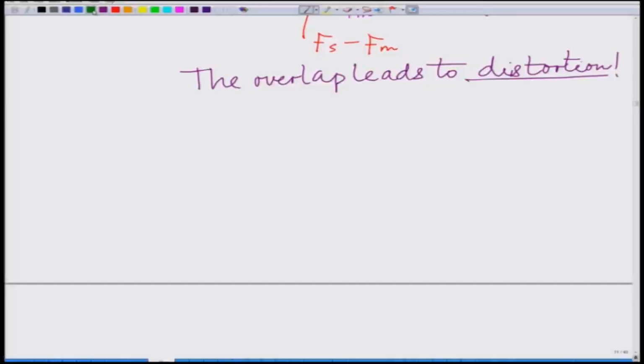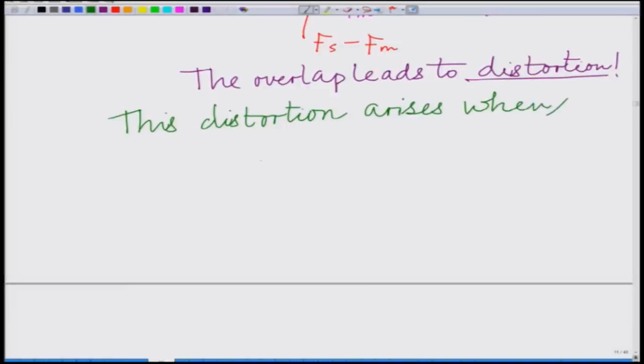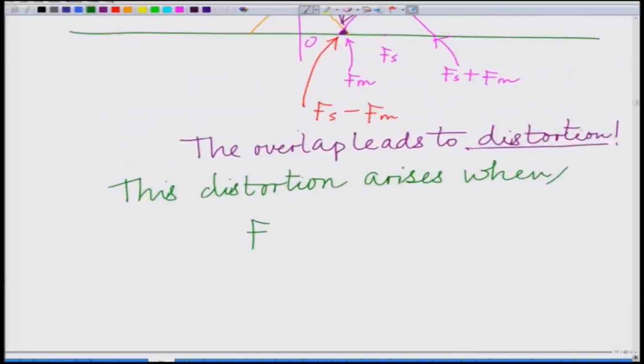And when does this arise? This distortion arises if there is an overlap. Now, realize that this distortion arises when, you can see when will there be an overlap? There will be an overlap when Fs minus Fm is less than Fm, which implies Fs is less than twice Fm.